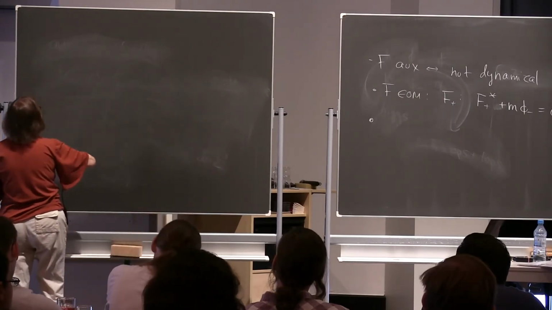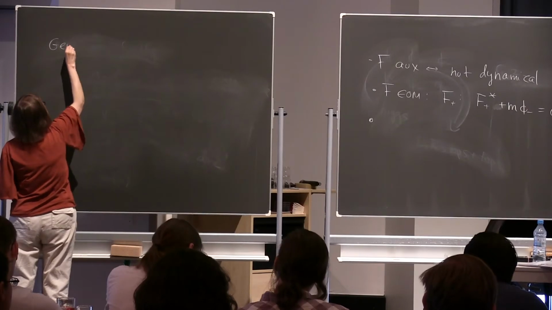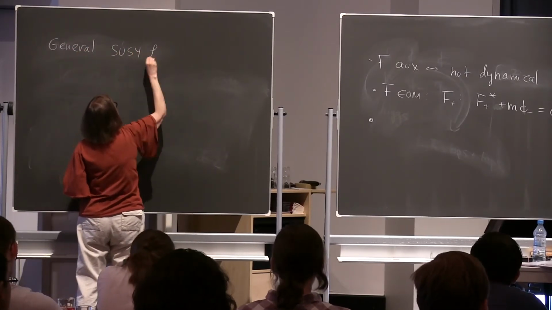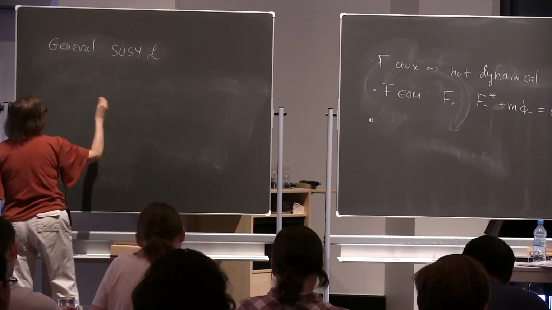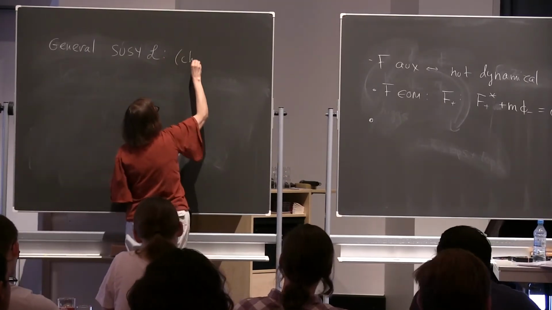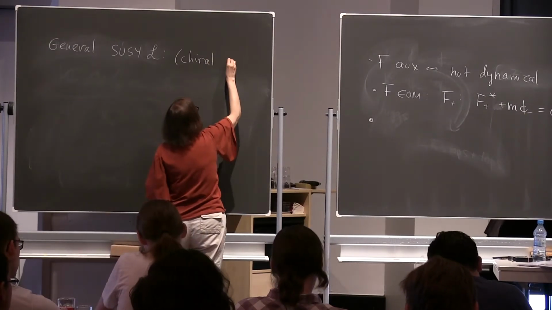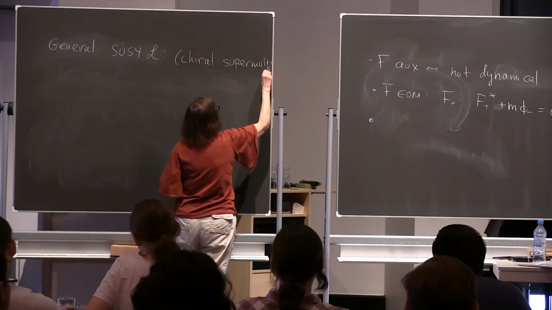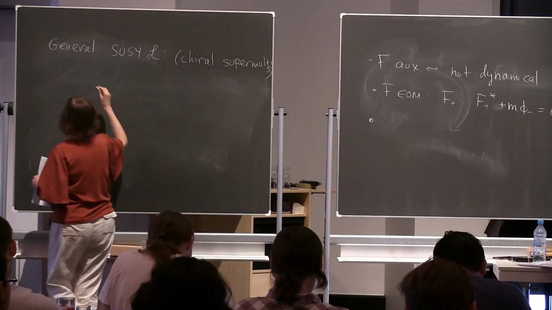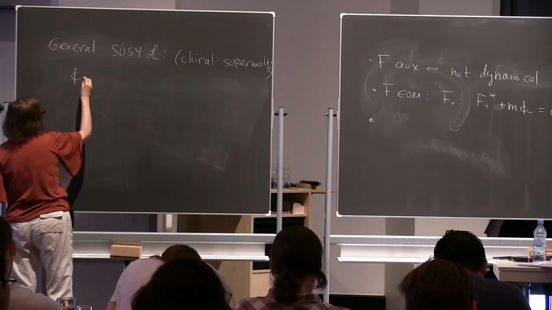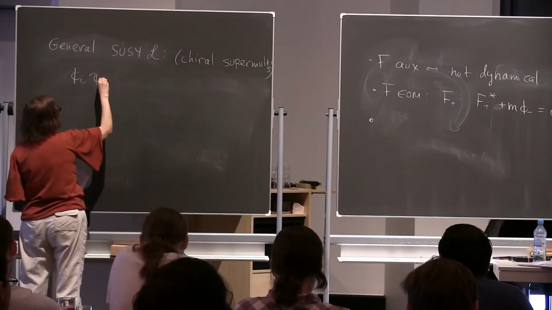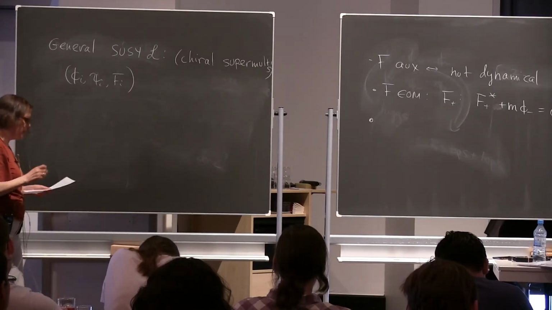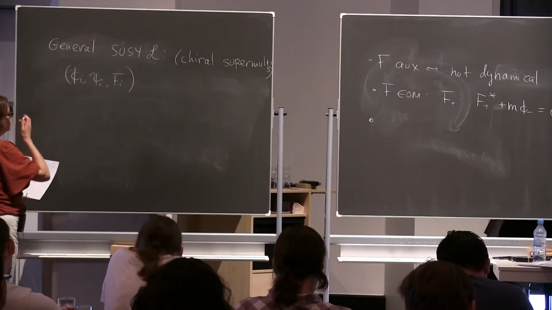So now we know how to write down a general SUSY Lagrangian that includes just chiral supermultiplets. So suppose we have a bunch of chiral supermultiplets, phi i, psi i, F i. There's a number of these. Then this is the recipe.